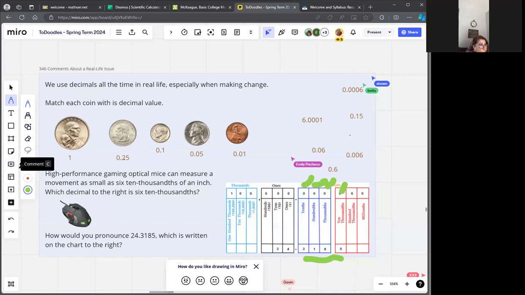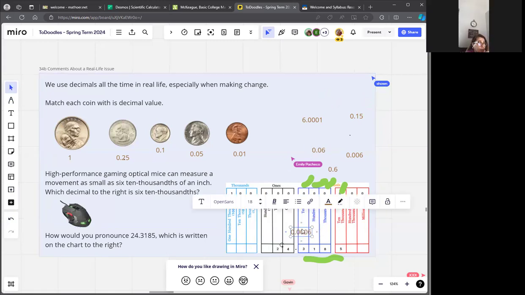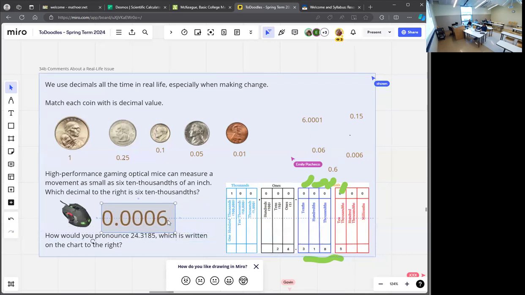This one. If I get it bigger, you'll see it fits. There we go, 10,000ths. Everyone see how it matches? Yes.